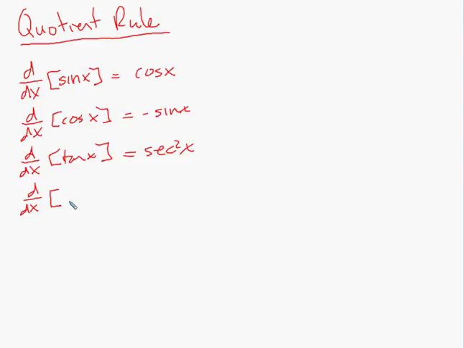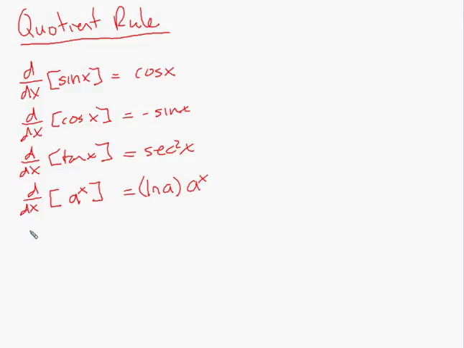Did we get this one yesterday? The derivative of an exponential gives us the natural log of that base times the exponential. So we'll actually be using that one today.